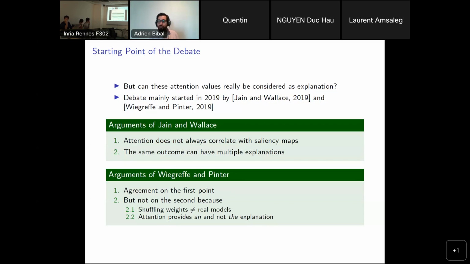So starting from these two papers, there were different pockets in the literature that started to analyze the debate from different points of view. I say pockets because these different areas of the literature do not always discuss with each other and cite each other. So they're pretty much isolated.